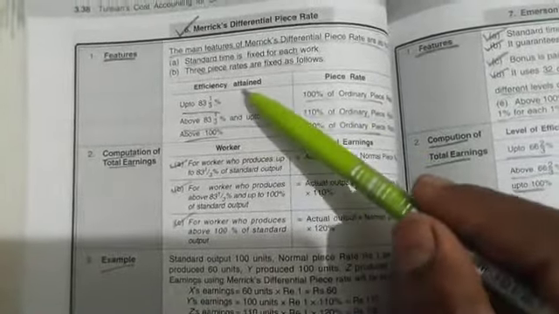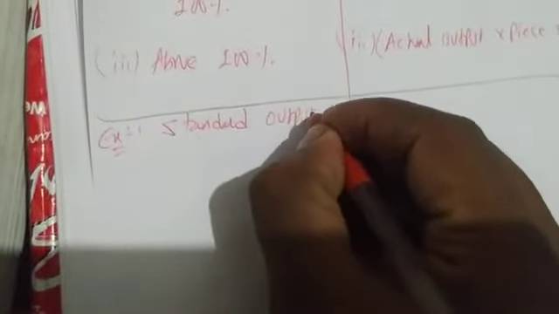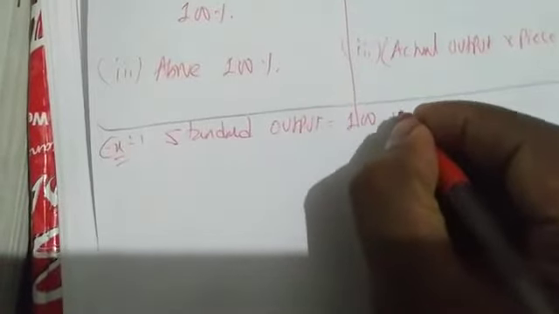First, example number 1 for Merrick. Standard output is how much? 100 units. You'll understand efficiency attained, I'll explain. Next, what do we have?